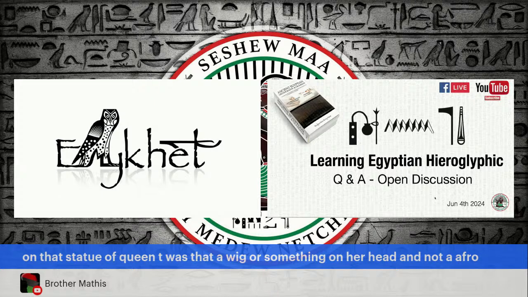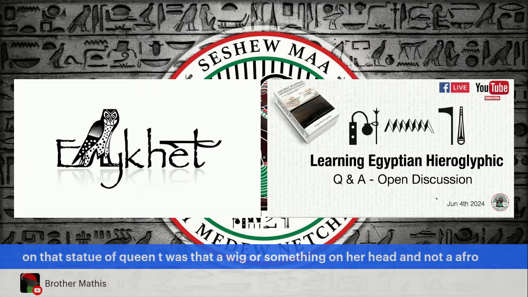That particular bust of Queen T, that they always show, a lot of people use in the conversation about race of the ancient Egyptians. That whole conversation has run its course. It's old and tired, but I'm aware of it.